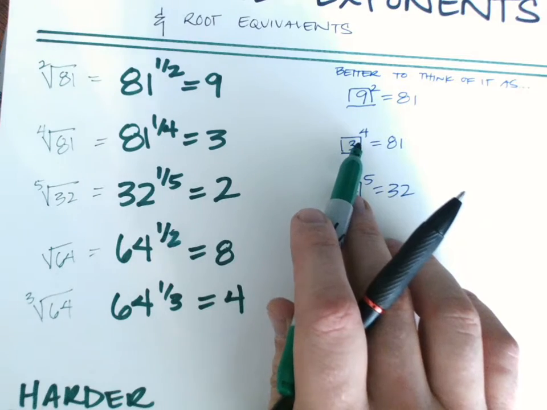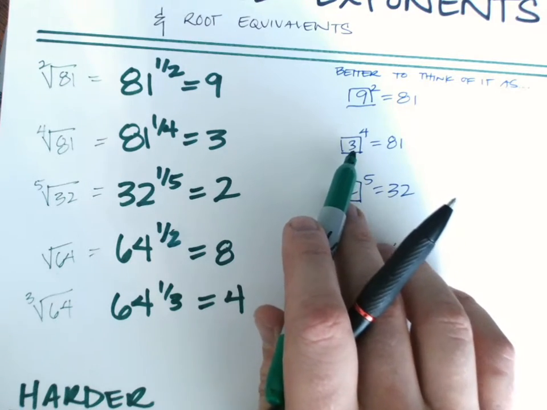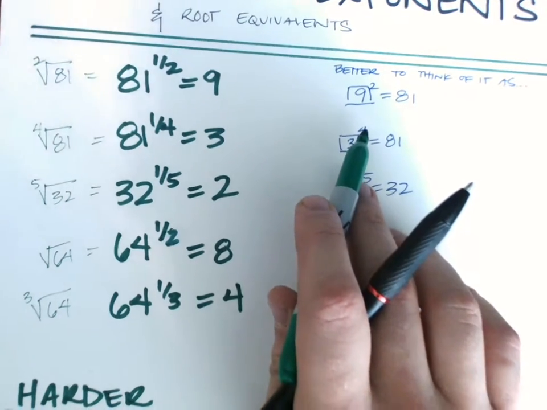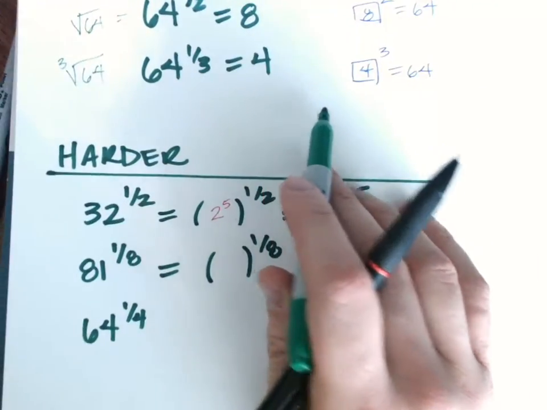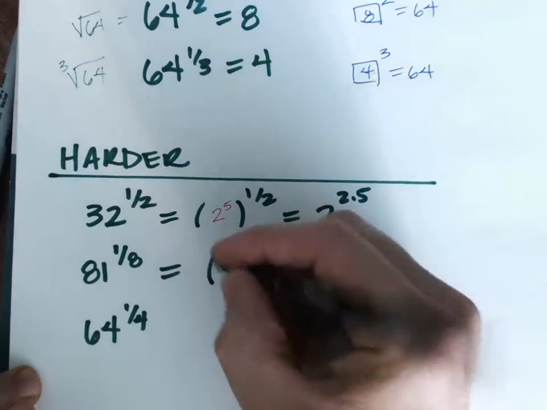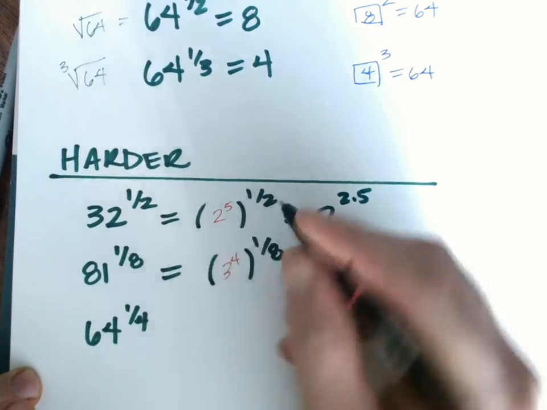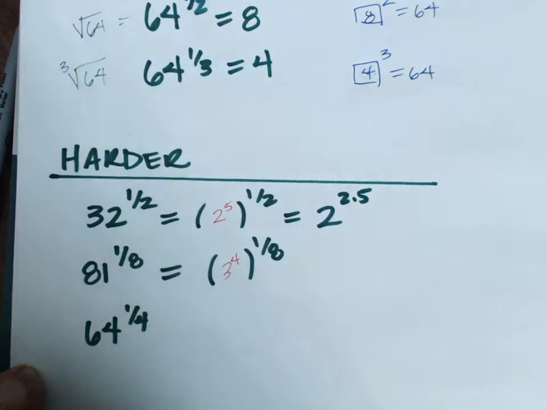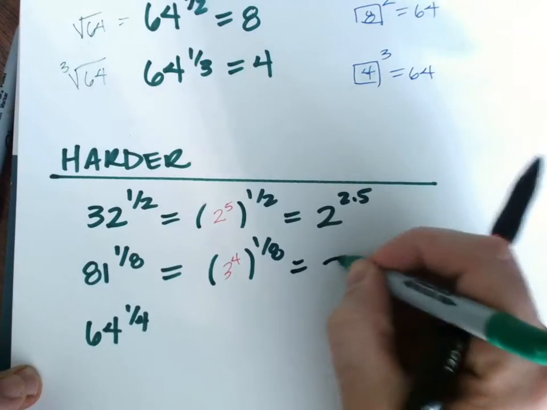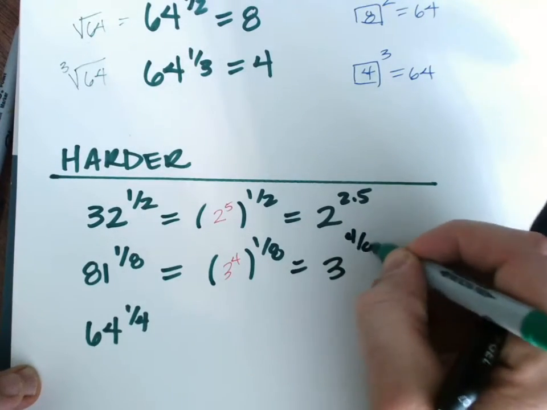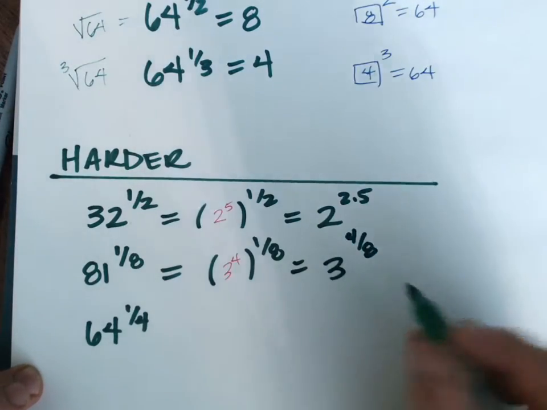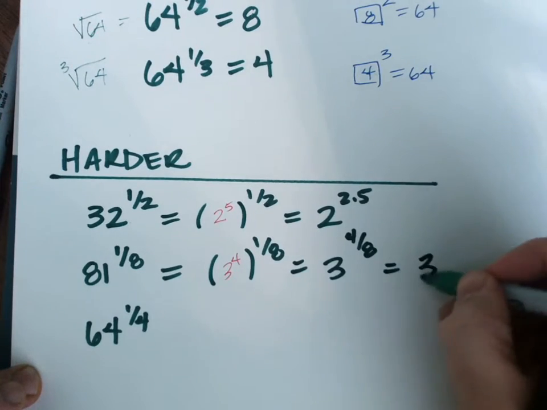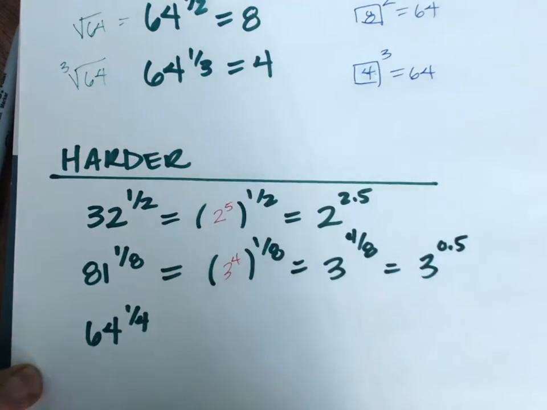Both would be an okay step to take. However, 3 to the fourth more commonly works out better. And 3 to the fourth is equivalent to 81. Same thing, power to power, we're going to multiply these: 3 to the 4/8, or if you want to reduce that, 3 to the 0.5.